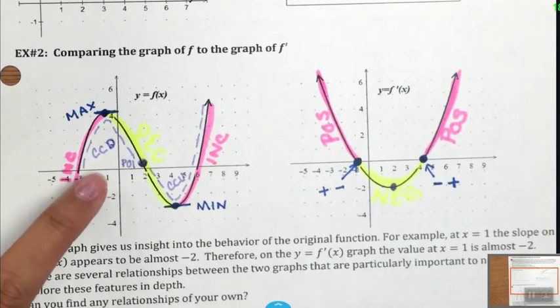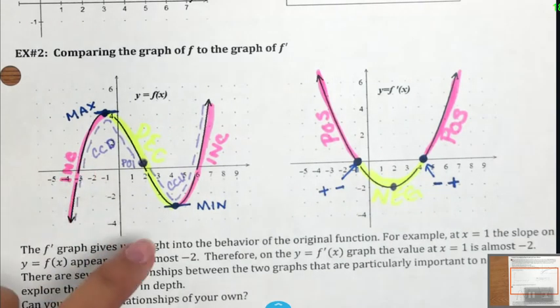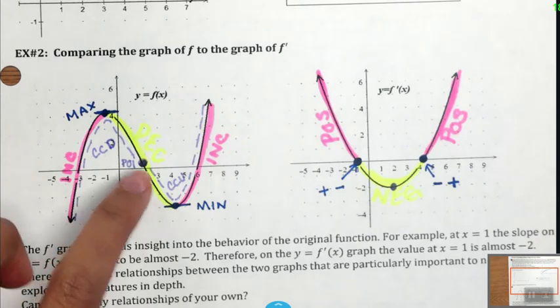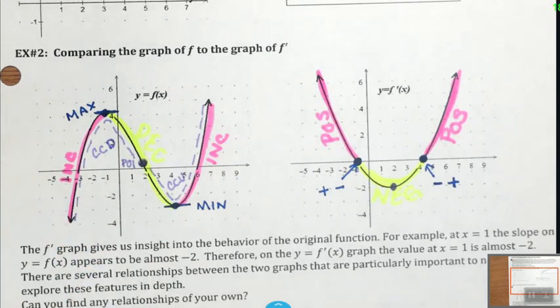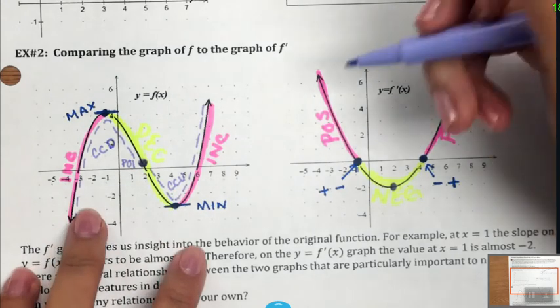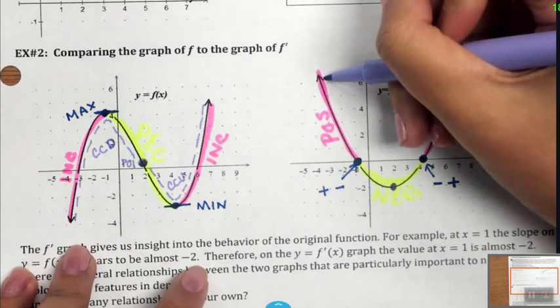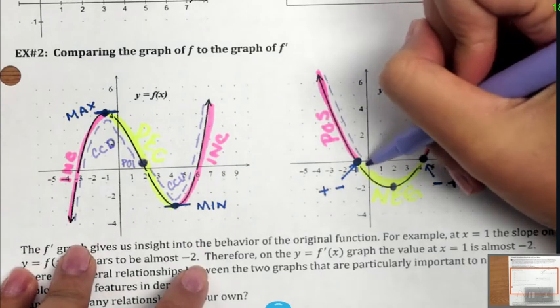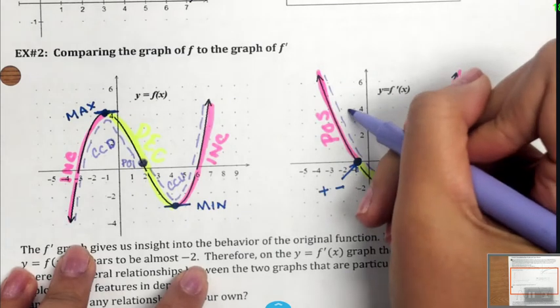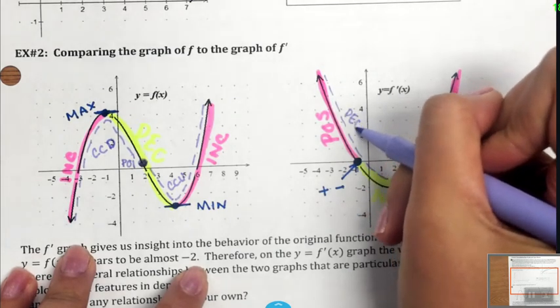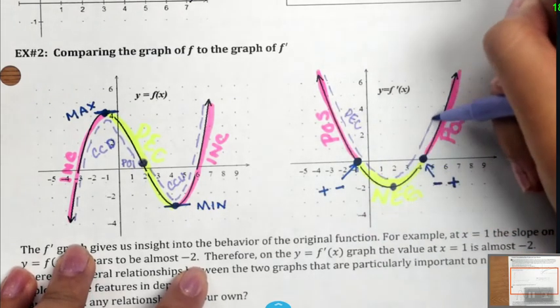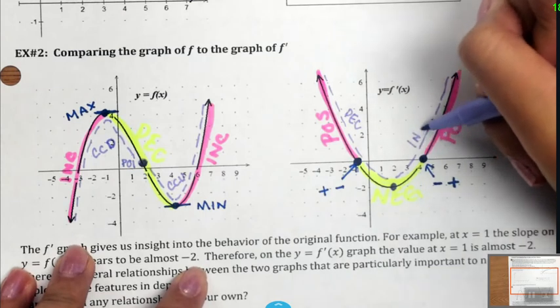So if your original is concave down, and then you have a point of inflection and then concave up, what that means is that your first derivative will go from decreasing to increasing.